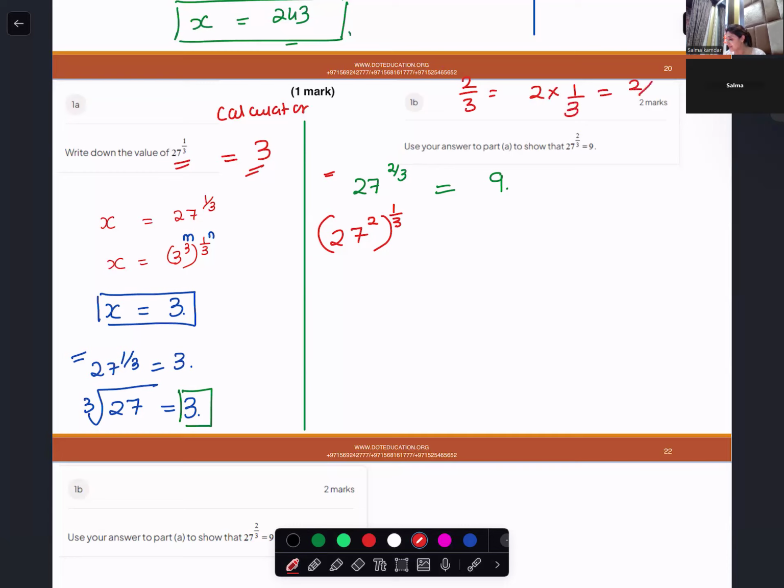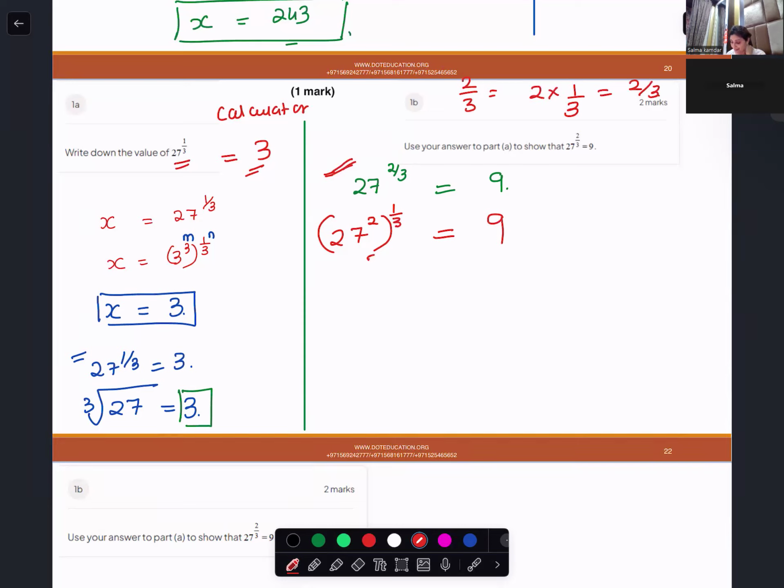So I have just broken this up. Now 27 raised to 2 into 1 by 3 is equal to 9. I have to prove this.